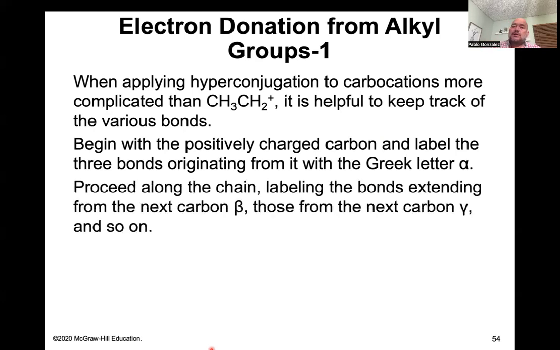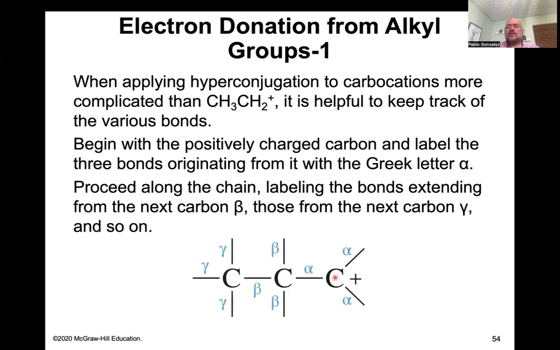Proceed along the chain, labeling the bonds extending from the next carbon beta and from the next carbon gamma, and so on. So we're going to have the alpha carbon with its three bonds, the beta carbon, and the gamma carbon. That's how we label them, to identify the interactions between them in hyperconjugation.